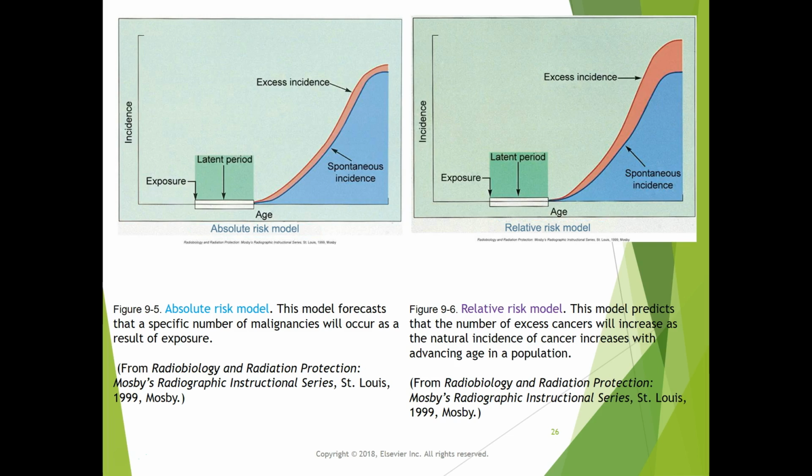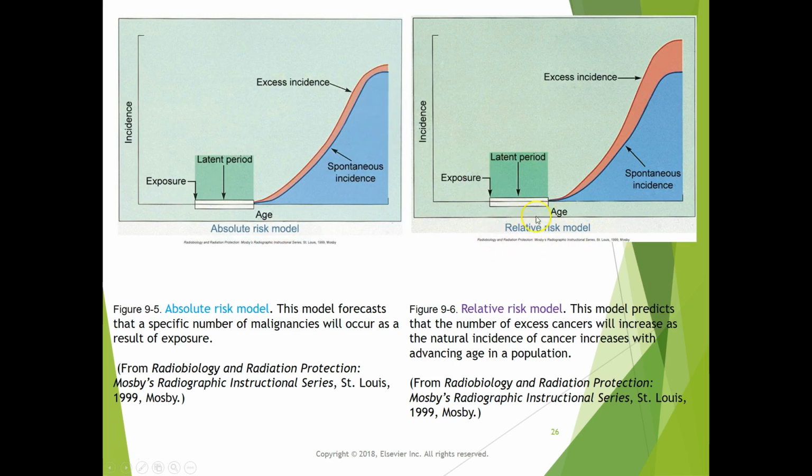Okay, so now add the red area. The red area is the extra risk that you now have because you were exposed to ionizing radiation. The absolute risk model shows that this excess risk does exist because you had ionizing radiation, but it follows the same curve as spontaneous incidence of cancer. So there is an estimated increase in your risk, but it still follows the same curve, that being older increases your incidence.